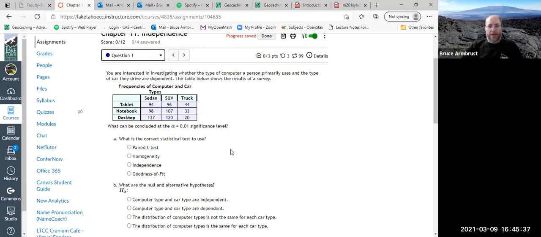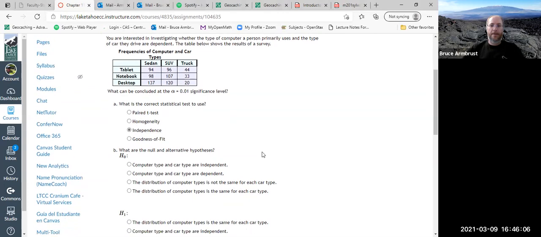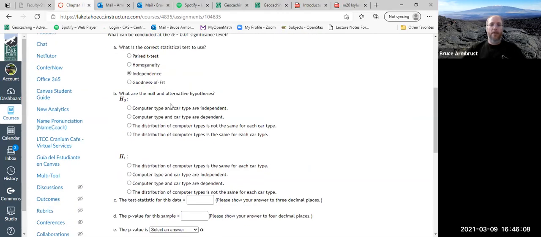The first question says, what is the correct statistical test to use? Again, we know it's independence because this is from the section on independence, but we also know because we're trying to determine whether these two things are dependent. It says it right there. So we'll do the test for independence. Then, what are the null and alternate hypotheses?